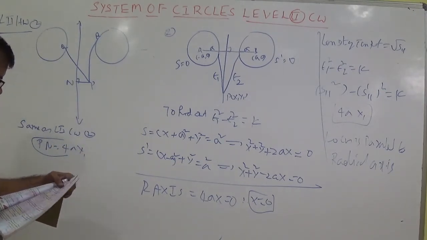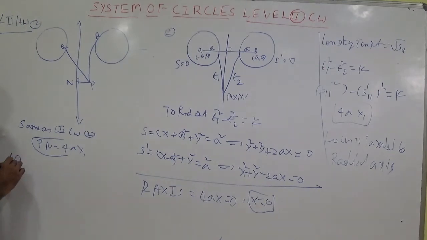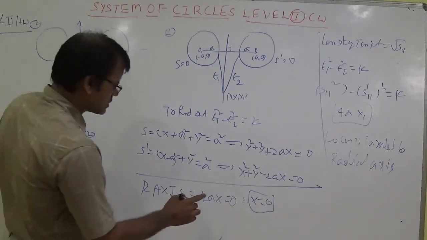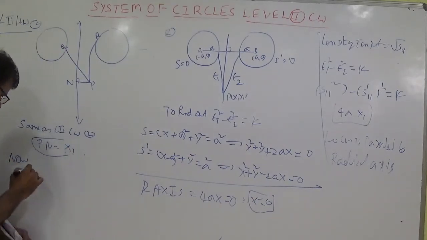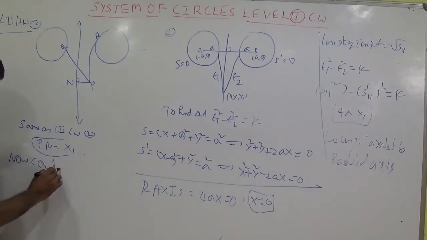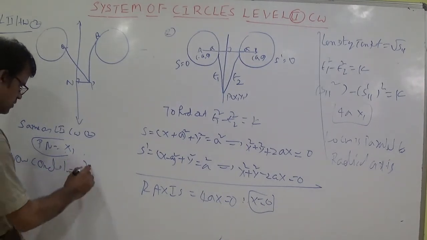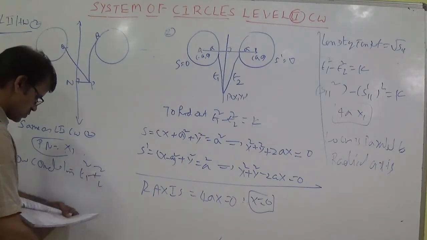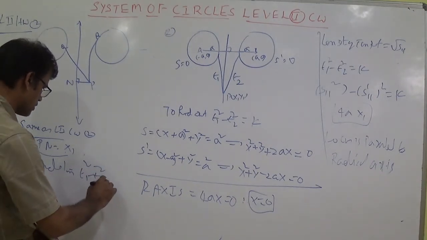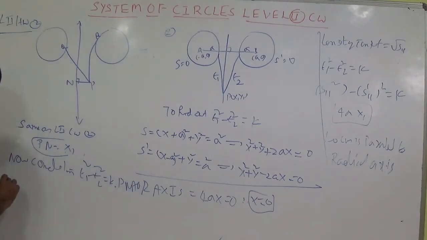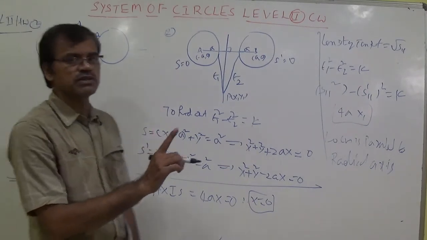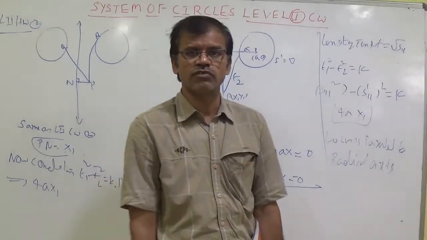Now what is happening? T1² - T2². Whenever the radical axis is x = 0, simply write only x1. It is better because x = 0 is enough. Pn is x1. Now the condition I am writing: T1² - T2² = k · Pn · AB. That implies T1² - T2² is 4a x1, because lengths of tangents mean x1² + y1² + 2gx1 + 2fy1 + c.